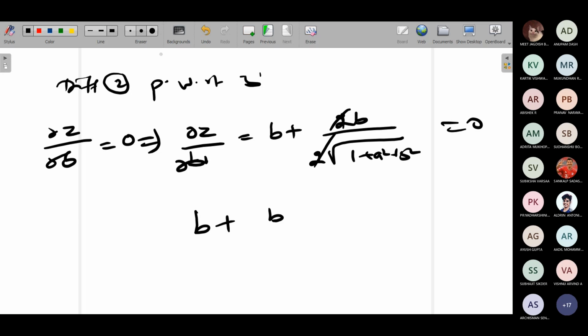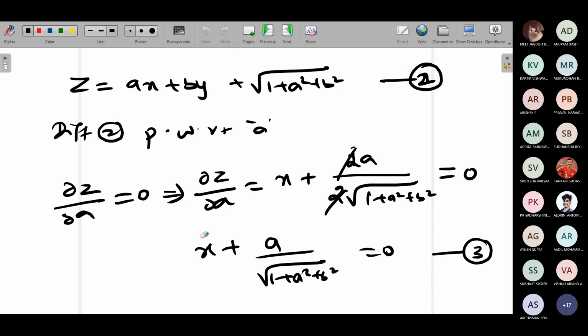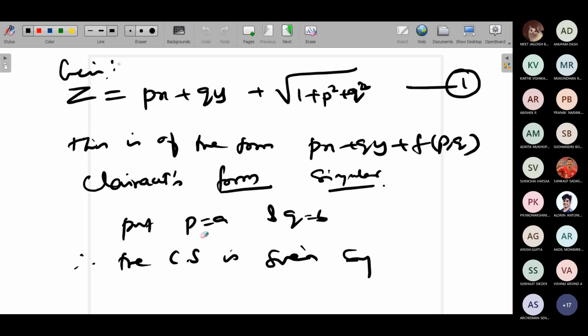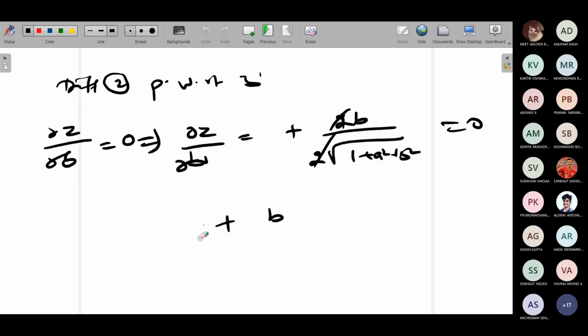Oh, why did I write b? I'm differentiating with respect to b, so I'll get y here: y plus b by root of 1 plus a square plus b square is equal to 0.